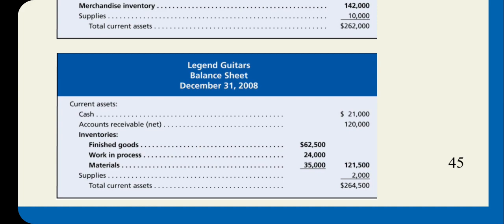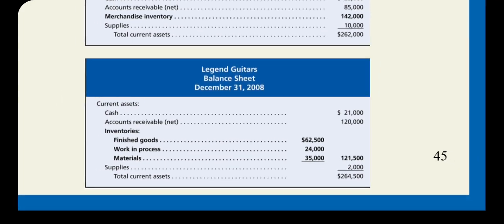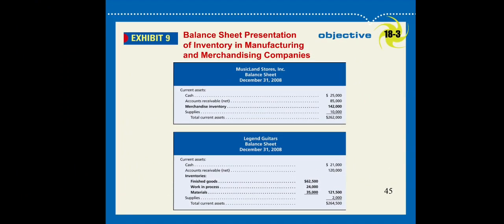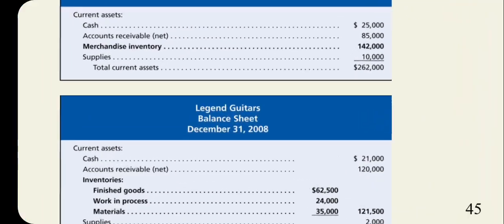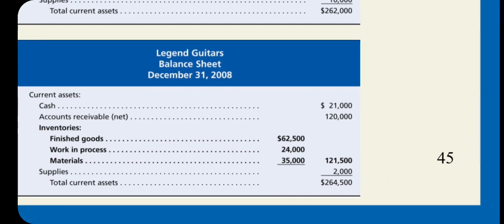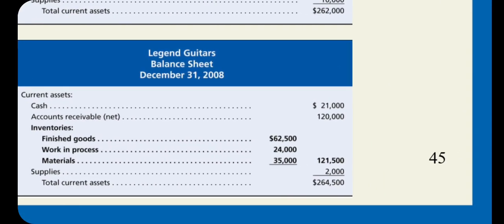They are also inventories. So that is the thing. That is for a manufacturing business. So when you prepare a balance sheet for a manufacturing business, under the current asset, you have to show the inventories, and these inventories have 3 categories: finished goods, work in process, and material inventories.